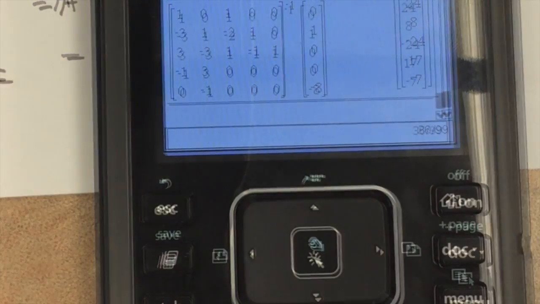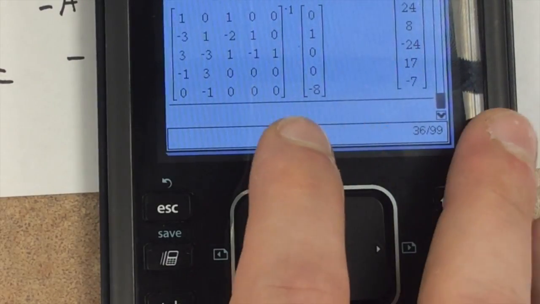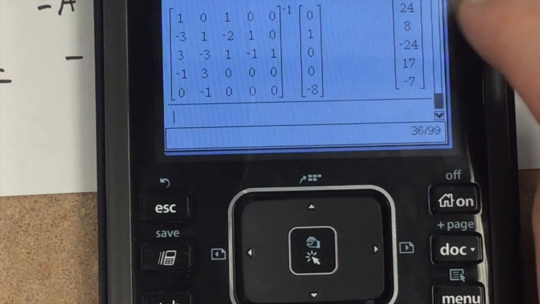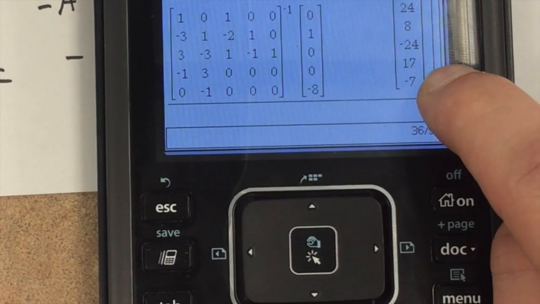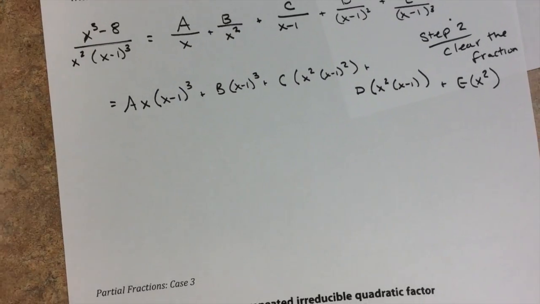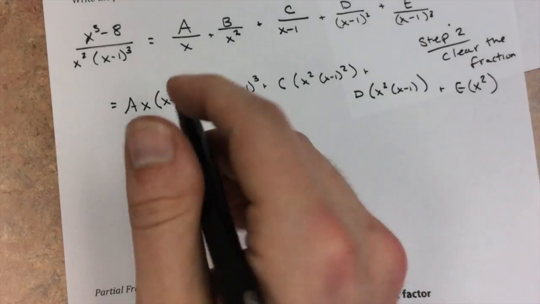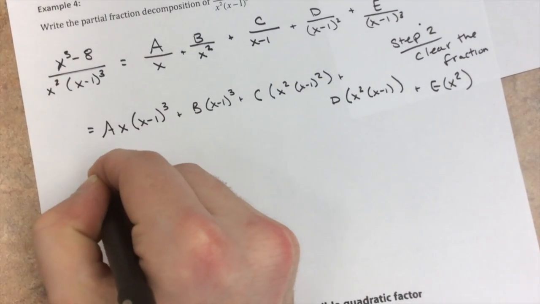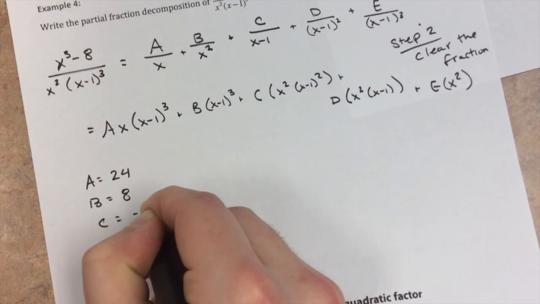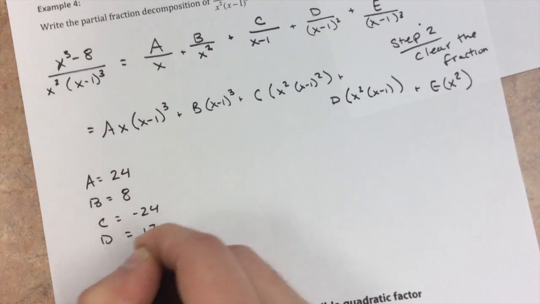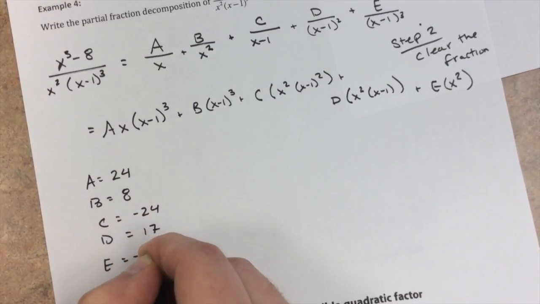If I typed everything in right and I hit enter, I should get my coefficients for my variables. So how do we read these? Well, let's go back to our paper. Here are all my coefficients. A is 24, B is 8, C is negative 24, D is 17, E is negative 7. So let's just rewrite those on the piece of paper. I found that using the calculator, A equals 24, B equals 8, C equals negative 24, D equals 17, and E equals negative 7.